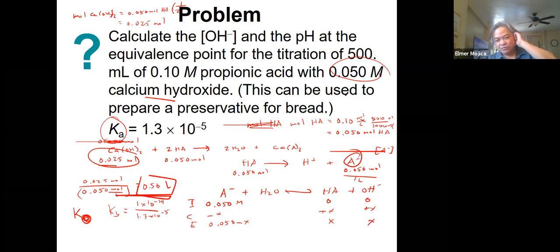So I need to put another worksheet here or whiteboard. So I have here Kb equals the hydroxide that you have there times your HA over your A minus.